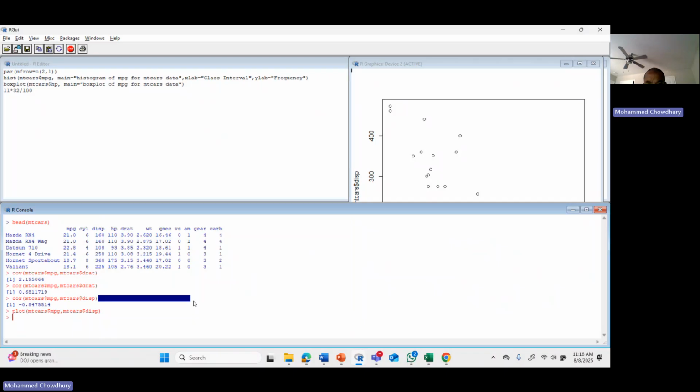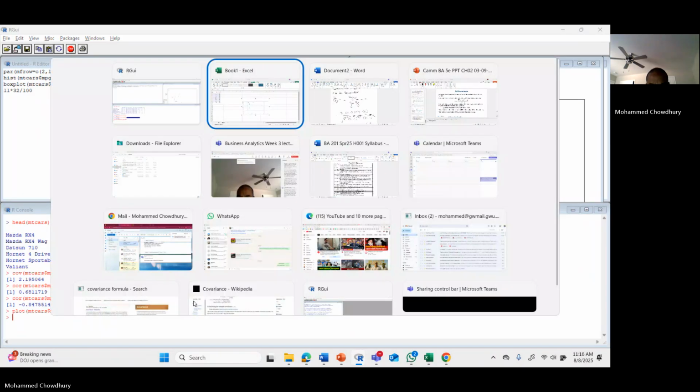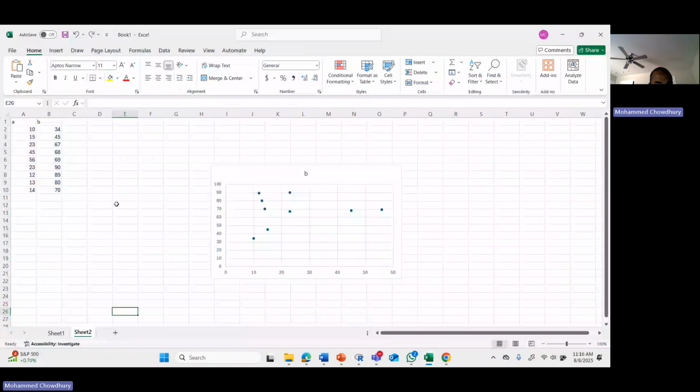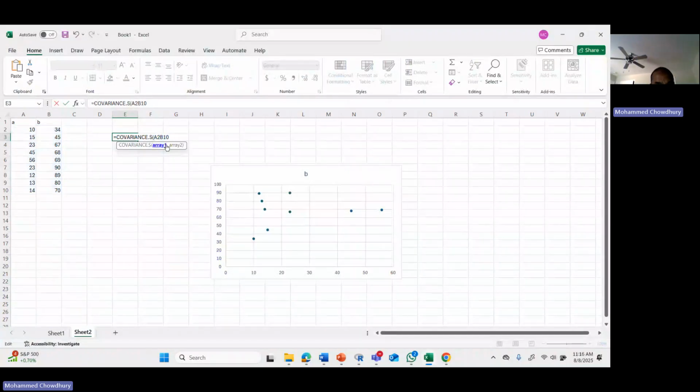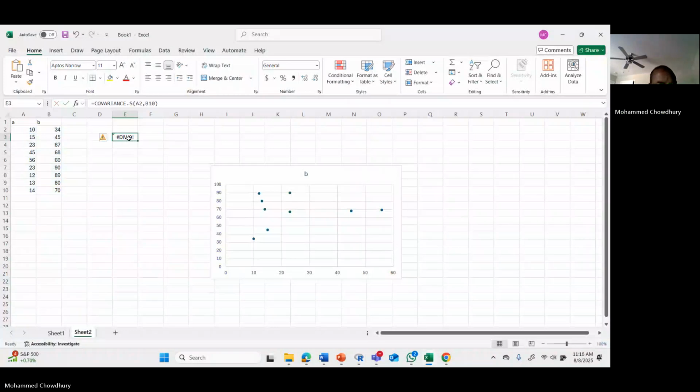Now there is a way to compute the correlation coefficient in Excel. So, okay, let me find the covariance. I want to do covariance. And then I want to put the two values in there and then hit enter. Array 1 and array 2. Okay, I have to put here array 1 and array 2 and then hit enter. Okay, let me change it.